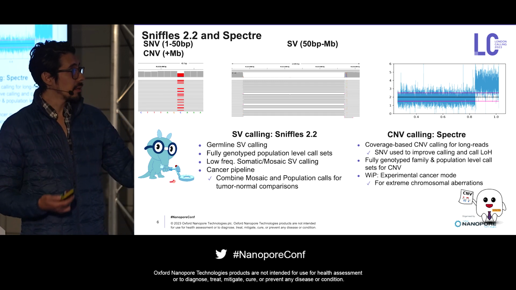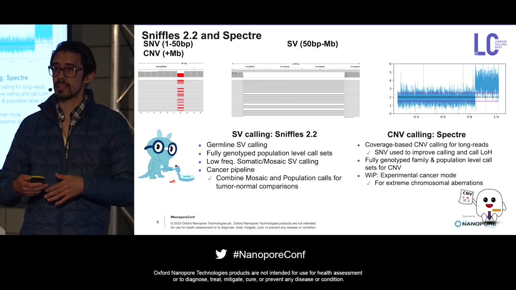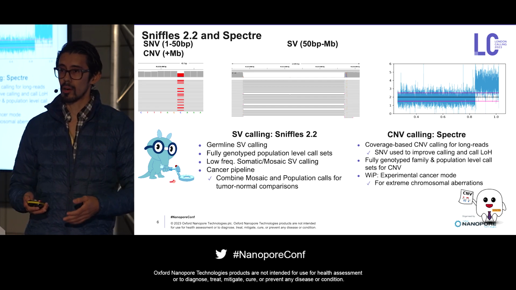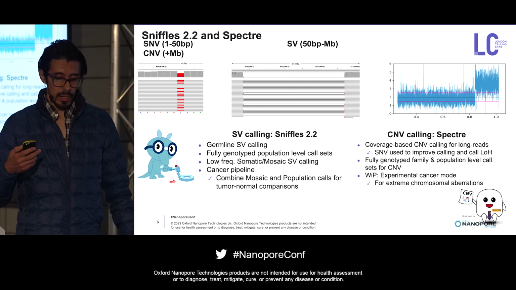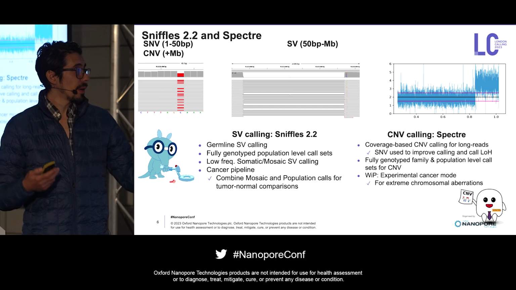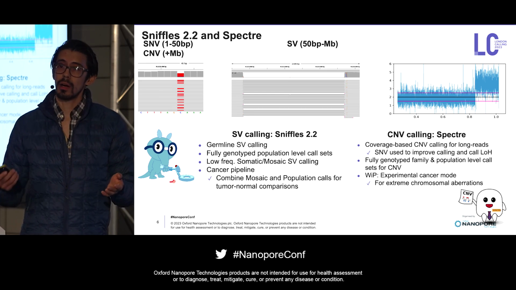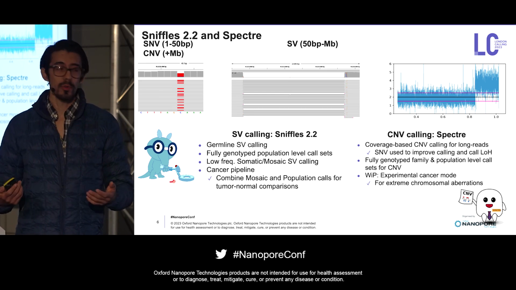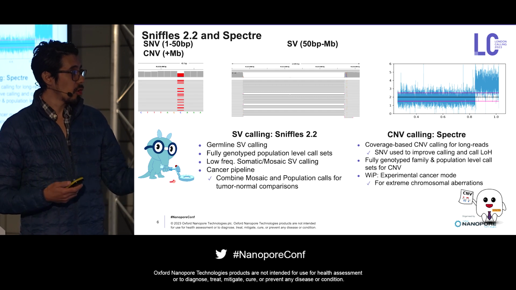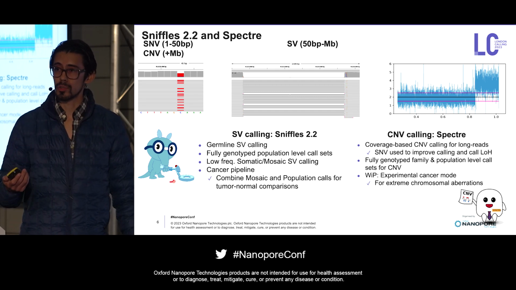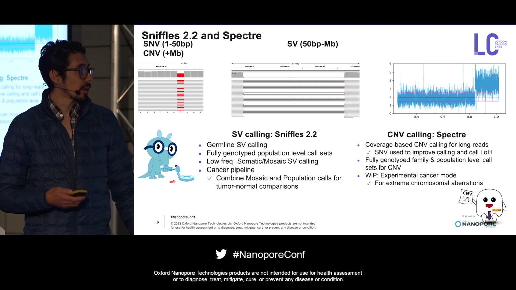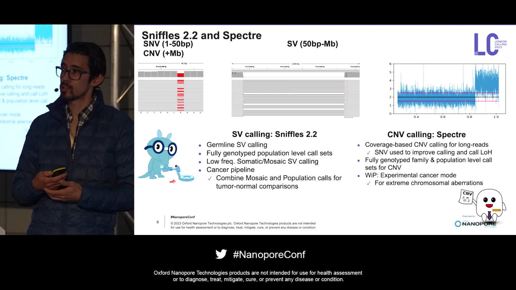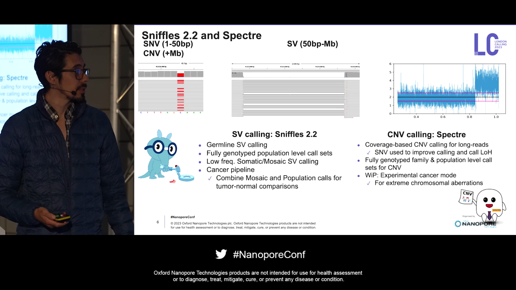We can use this to assess megabase-scale and larger copy number variations. It is based on coverage, but you can use SNVs to improve the calling, and we are also aiming to do LOH. The copy number status can be neutral, but you can still have loss of heterozygosity.